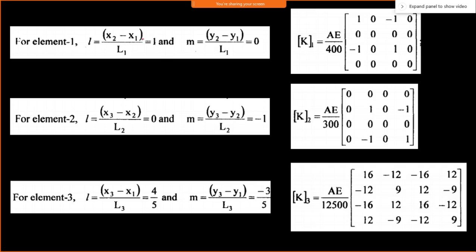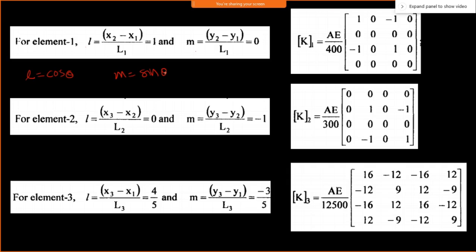When you are looking at X1 and X2, it becomes l, and if you are looking at the Y variable, then it becomes m. If you know the theta angle, you can directly determine l equal to cos theta, and m equal to sin theta.